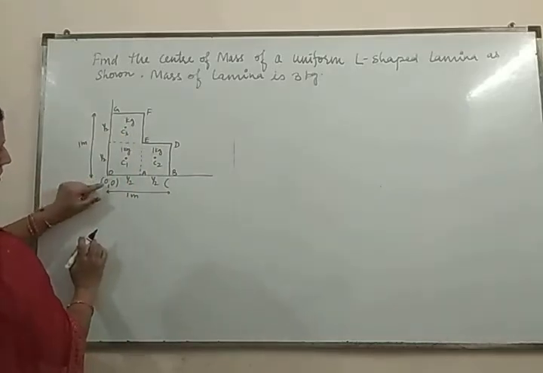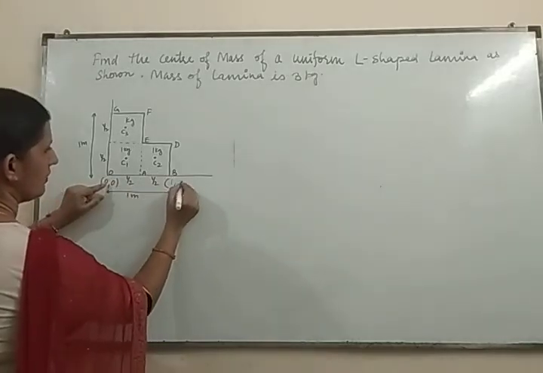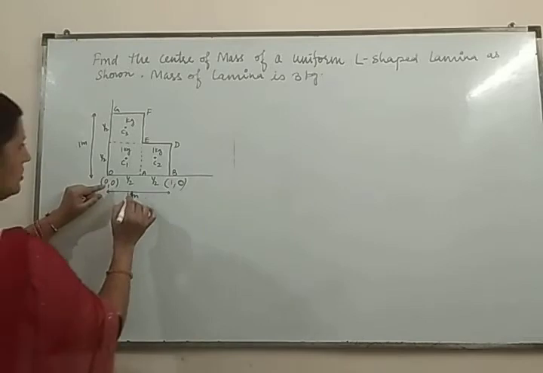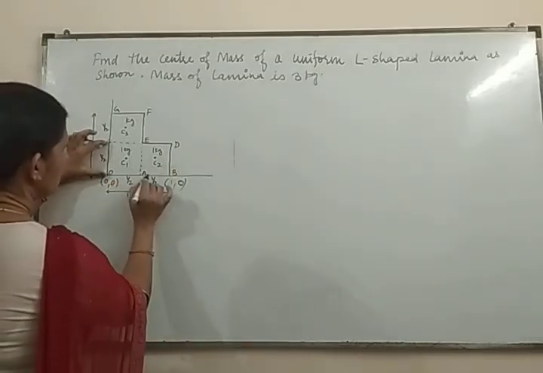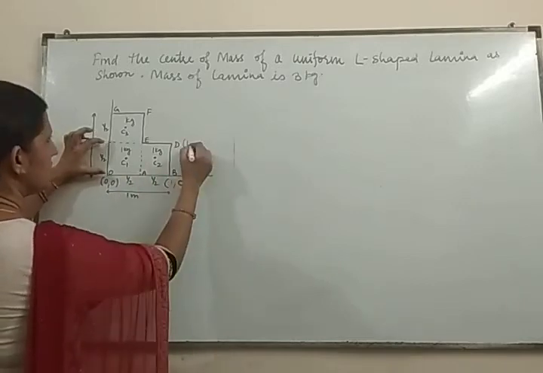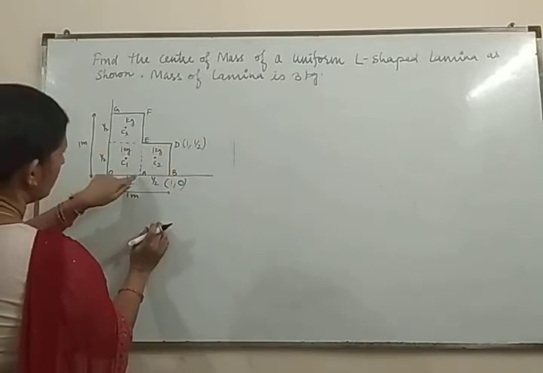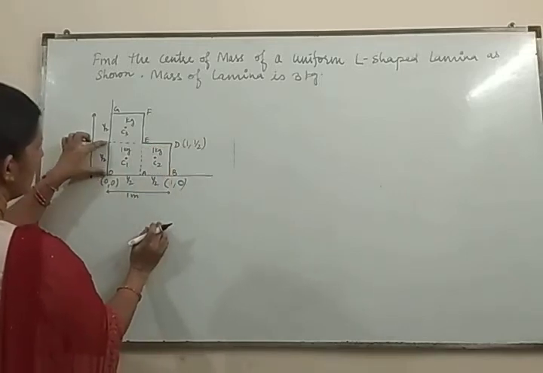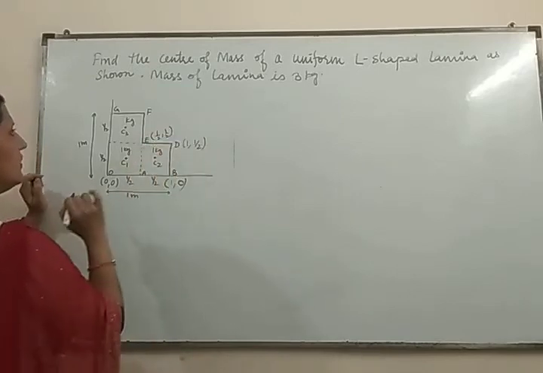This is the origin 0, 0. Here the x-axis value is 1 and the y-axis value is 0. At this point, the value on the x-axis is 1, this distance, and on the y-axis is half. Here it is at a distance of half from the x-axis and half from the y-axis, so its coordinates are half and half.